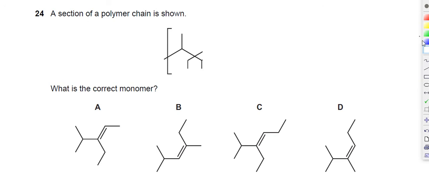Then from there we can find the monomer. Let me just extend this a little bit. Now this is the repeat unit.